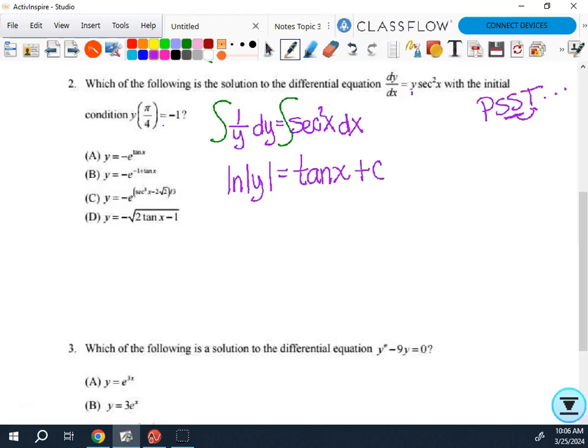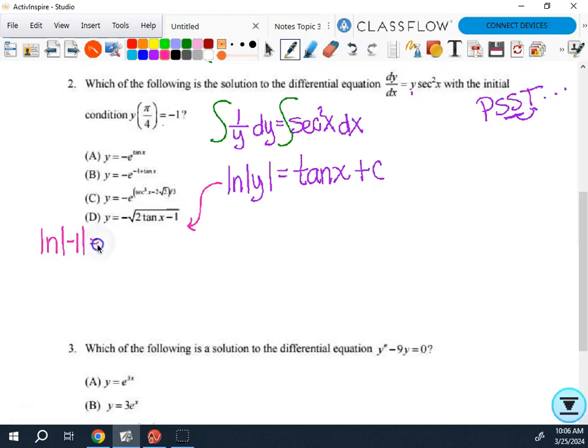I can either substitute in my initial condition first, or I can solve for y and then do my initial condition. So let me go ahead and do this way first, where I use my initial condition right here, and we'll talk about the pros and the cons of them.